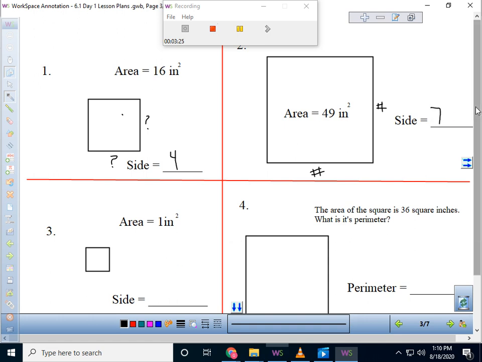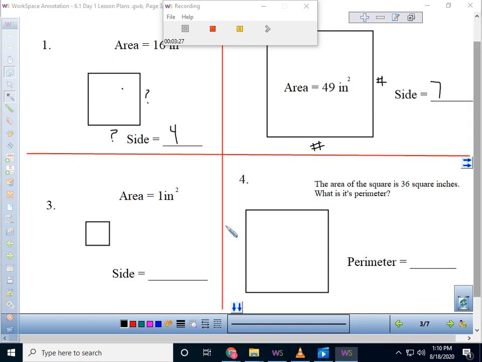And so what we're doing here is something called a square root. A square root takes an area and finds the side length. So if we know the area of this one is 1, what number times itself equals 1? It's just 1. So 1 times 1 is 1. So the square root of 1 is also 1.